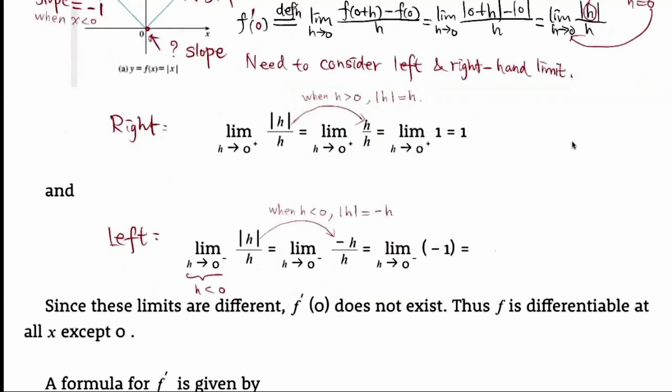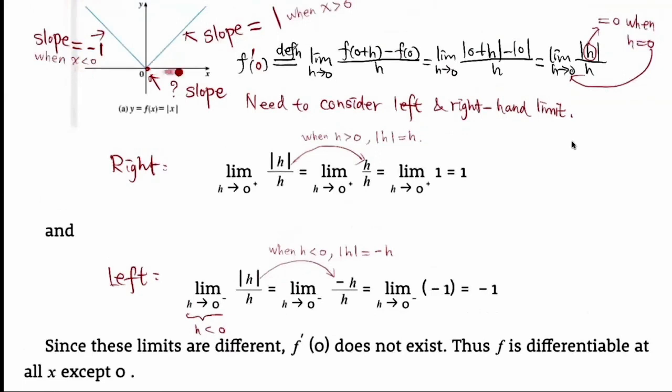The limit of negative 1 is negative 1. So the left hand limit is negative 1. Since the left hand limit and the right hand limit are different, f prime of 0 does not exist. So the function is not differentiable at 0, but it is differentiable everywhere else. So 0 is the only number at which the function is not differentiable.